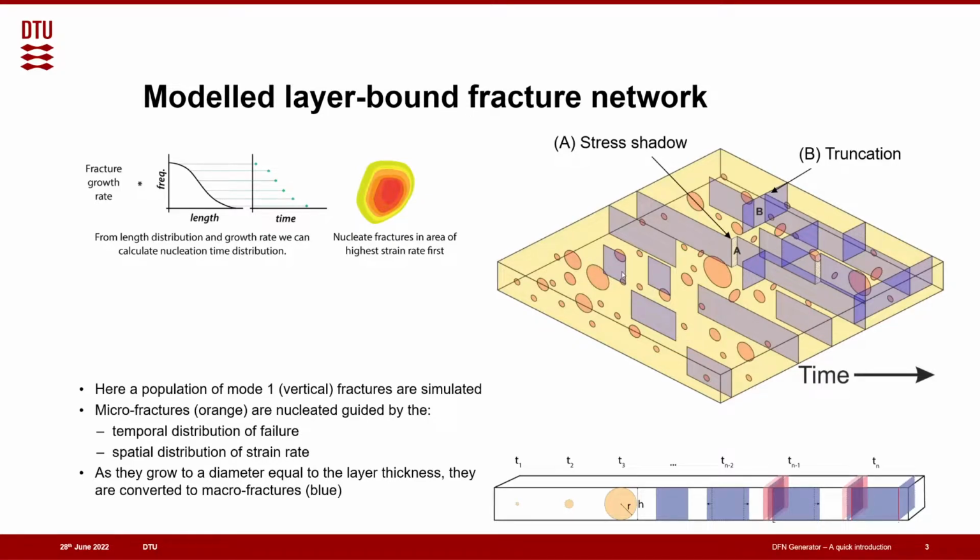All throughout this process, if fractures end up within the stress shadow of one another, they could be implied to be likely to form a relay, or they can truncate into one another, or they can simply form an isolated fault tip within the model.